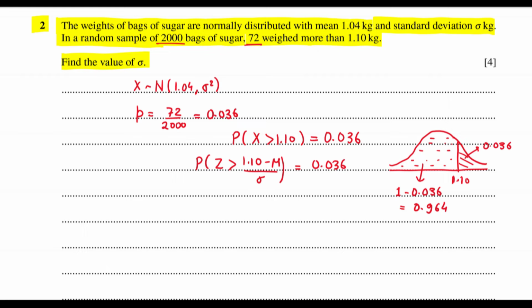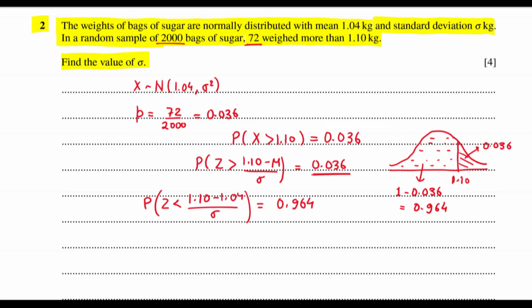So now we can convert it. Probability of z less than (1.10 minus mu, which is 1.04) upon sigma, and this probability becomes 0.964. We could not look up the value of z from 0.036 because it is just 3.6%, and in the table it is always more than 50% given.